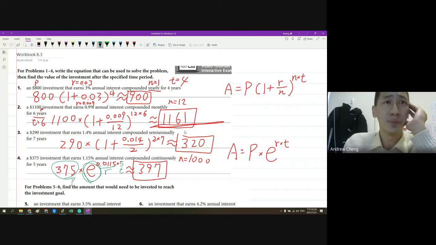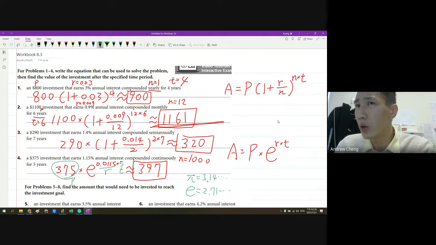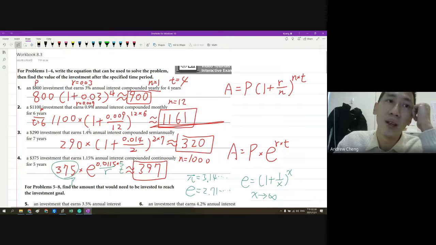What is E? Okay, E is a constant, just like pi. We will say pi equals 3.14 something. E, the natural base, is 2.71 something. If you really want to know what it is, the definition of E is 1 plus 1 over x, raised to the power x, when x approaches infinity. So you plug in a big number for x and you can find the value of E. Let me do this on the calculator for you.